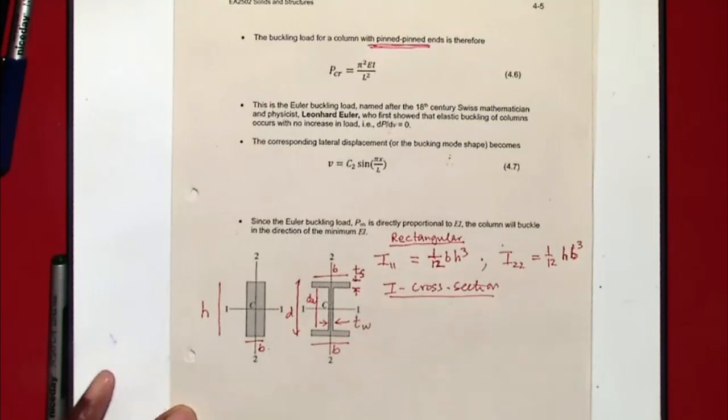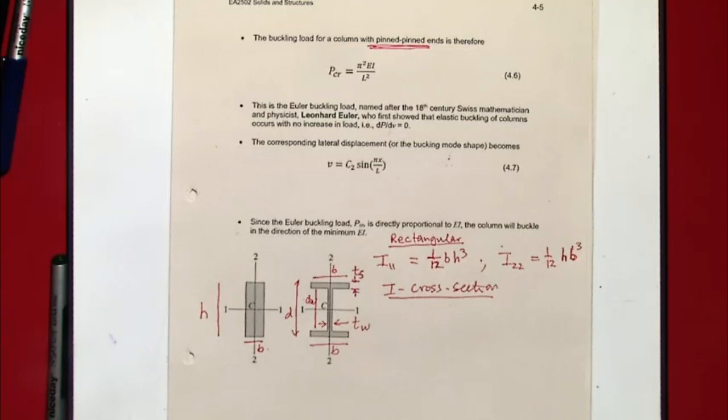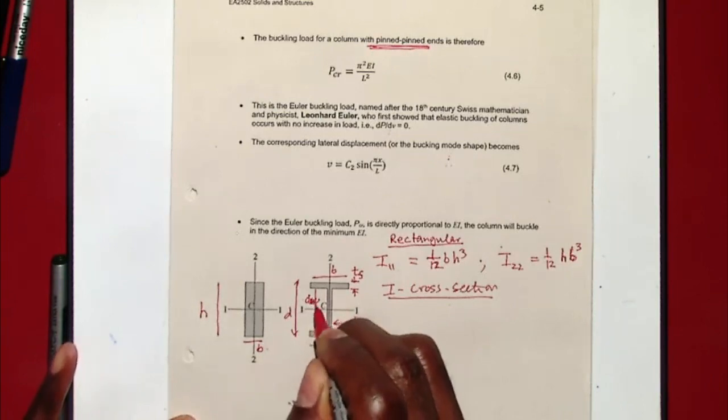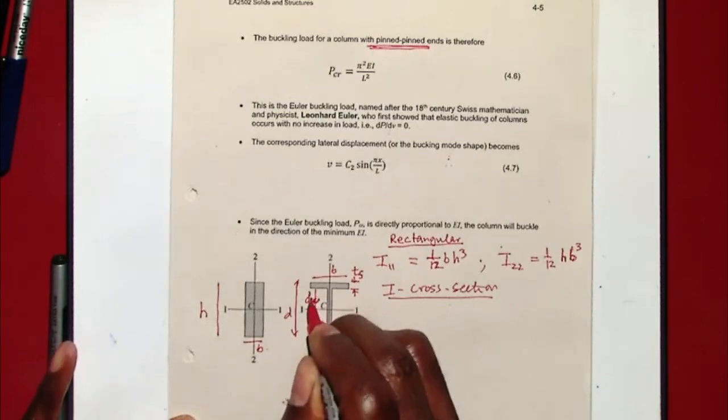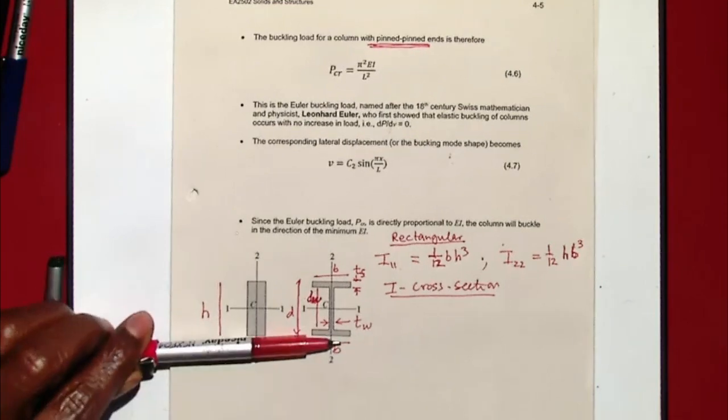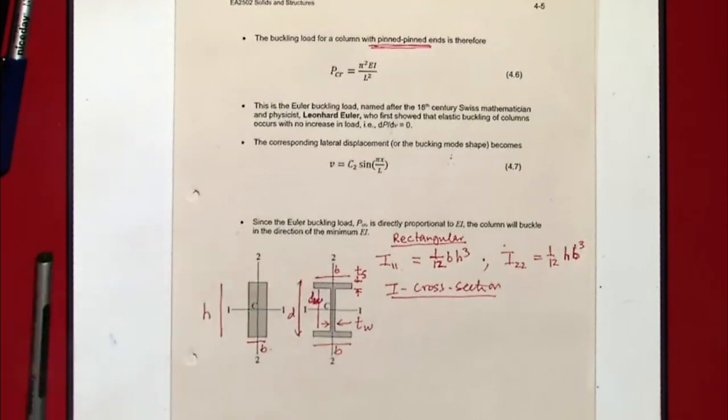The top is width B, and this depth here is D subscript W. W means the web. The thickness of the web is TW, and the flange, which is this one and that one, has thickness TF.